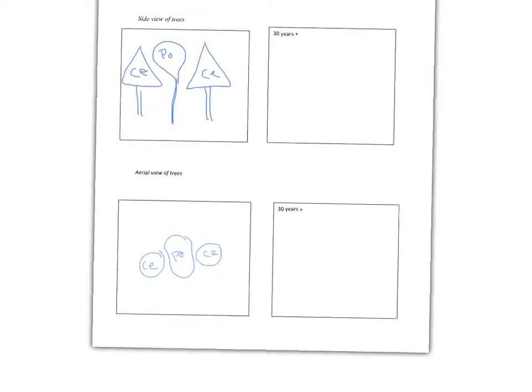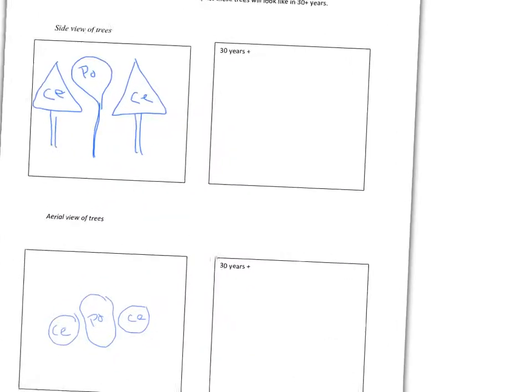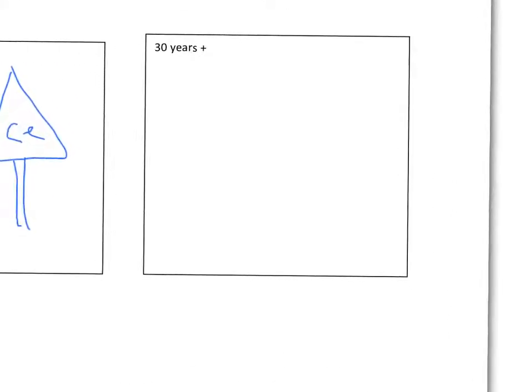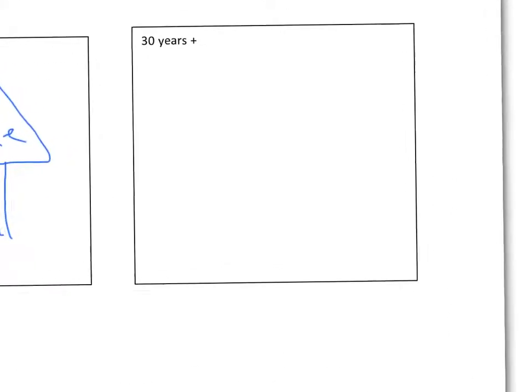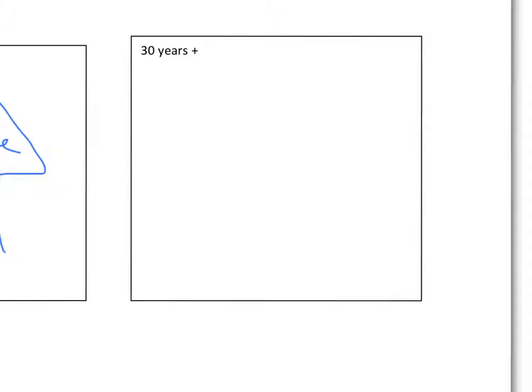Okay, next step is give me, based on what you know about the sylvics of these species, their longevity, their shade tolerance, things like that, what you know about that, plus what you would suspect based on the site about what these trees will look like in the future. So let's say in 30 years' time, how are they going to look?